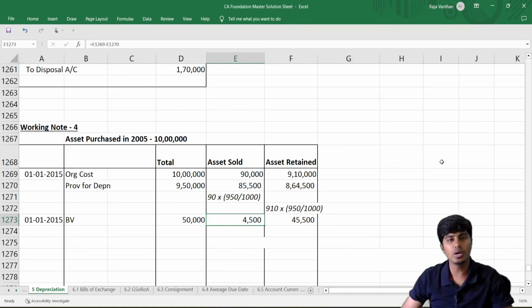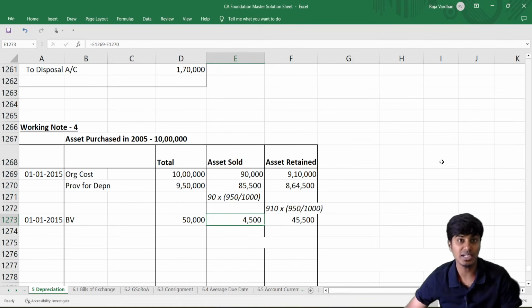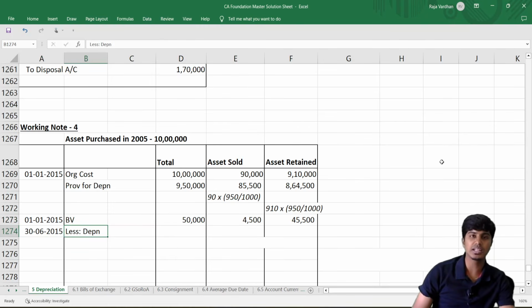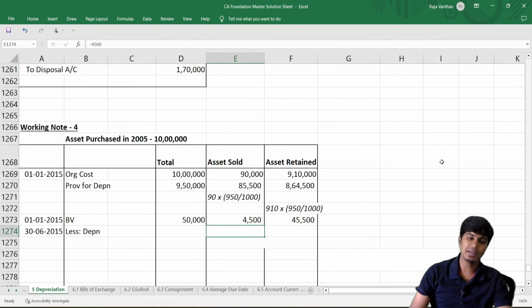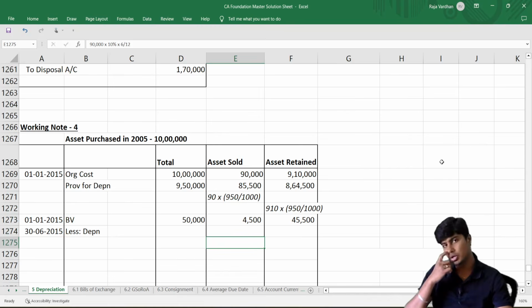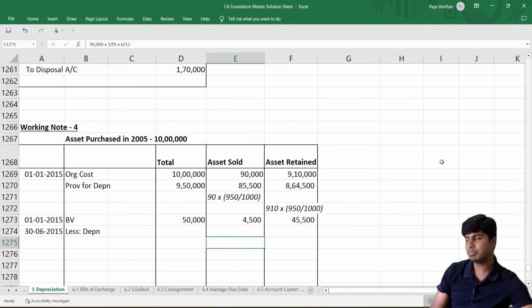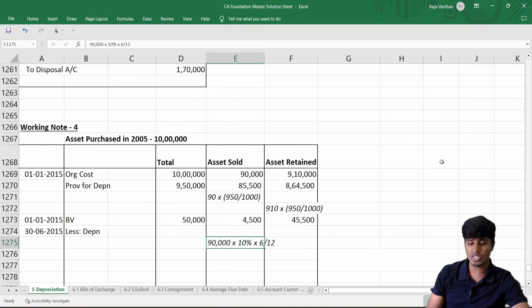This asset was sold in the middle of the year, that is 30th of June 2015. So I need to provide for depreciation till 30th of June 2015. But the depreciation has to be provided on the original cost of 90,000 at 10%. So depreciation at 10% on 90,000 for 6 months gives us 4,500.